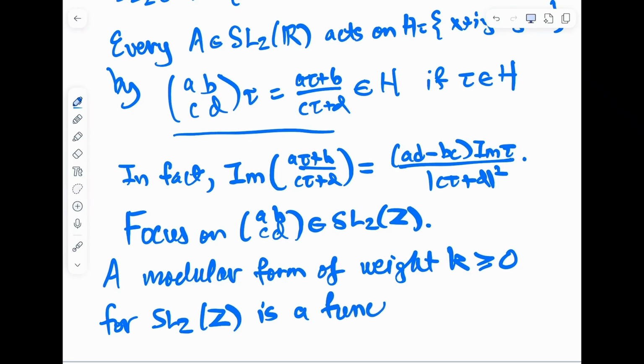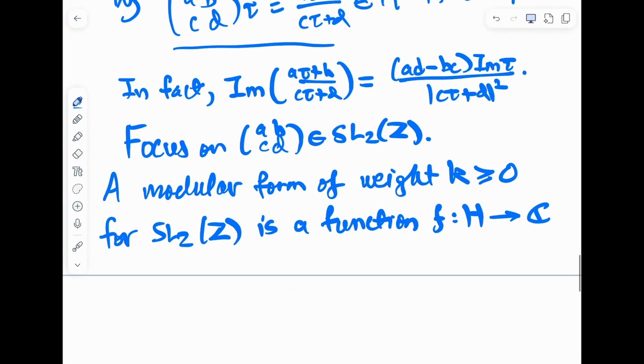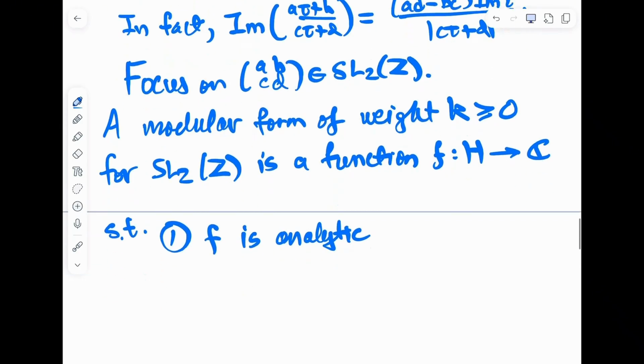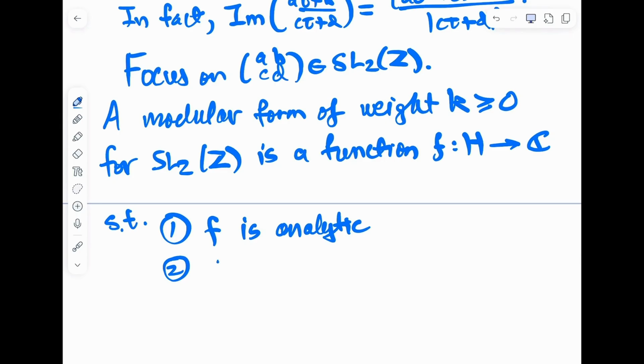We're going to have a function on the upper half plane to the complex numbers such that it's analytic. And here's the key equation.